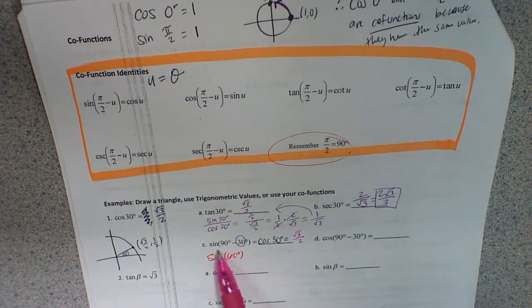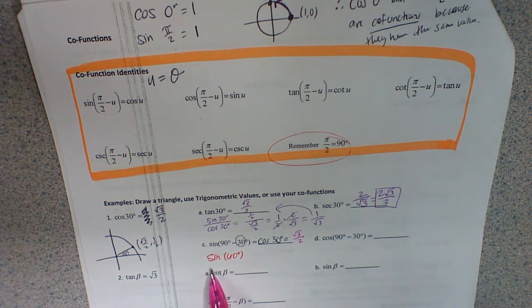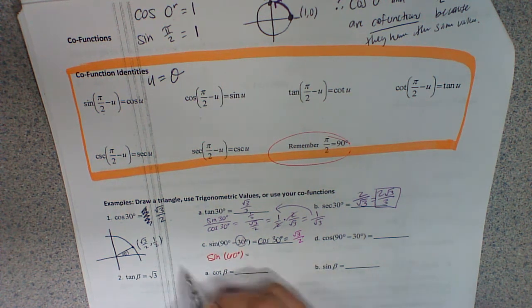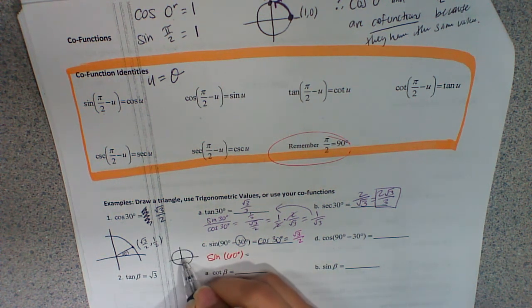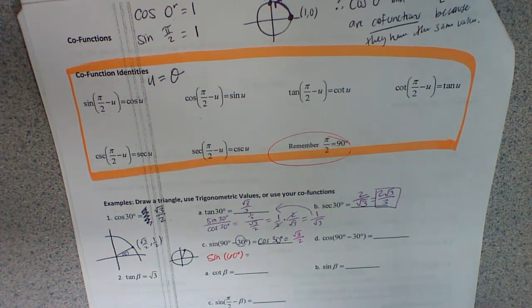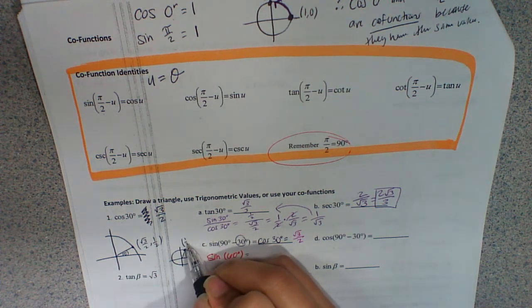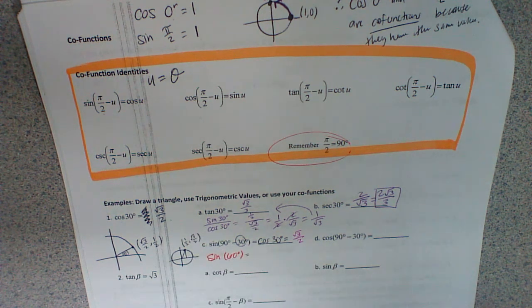Now here's where your first thought comes back. Sine of 60 degrees, if you were to look at it that way, let's say you read that and you didn't even realize that it's a cofunction. If you looked at it this way, sine of 60 degrees, what is sine of 60 degrees? So if you draw out your unit circle, if you remember the coordinates, sine of 60 degrees is actually root 3 over 2.